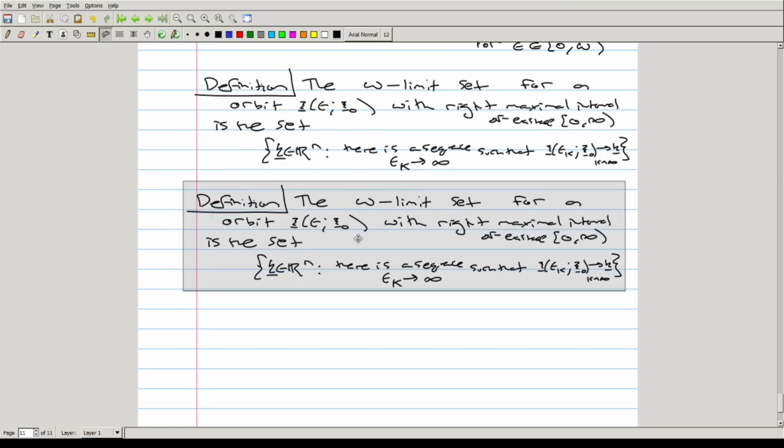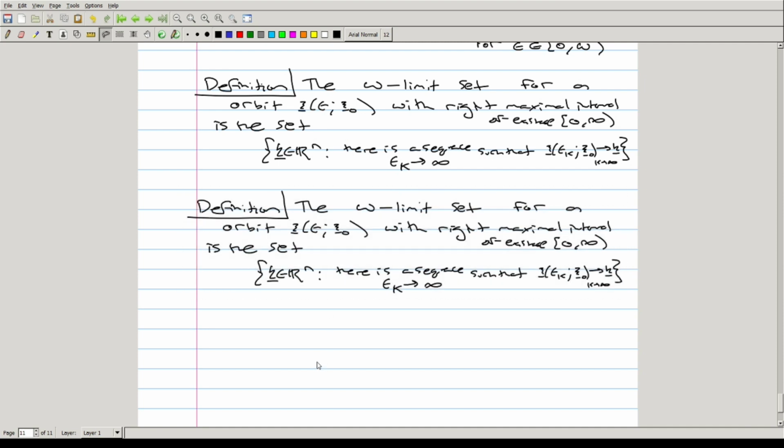Likewise, we define the alpha limit set in the exact same way, only for the left interval of existence for the orbit.